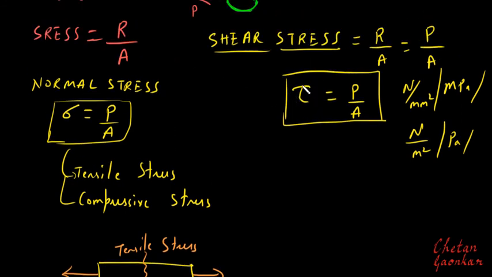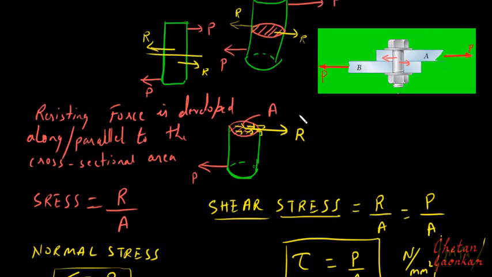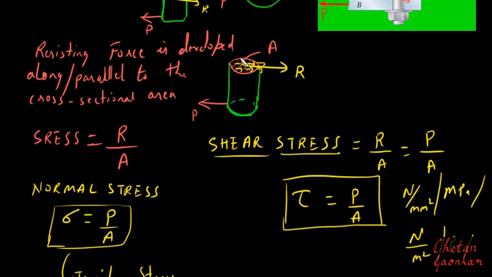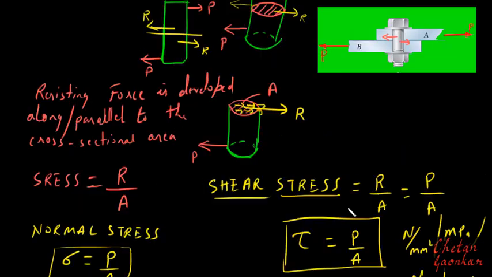Whereas what is the role of shear stress, when are the shear stresses developed? If the forces are acting in shear direction, or if the resistance is developed along the plane or parallel to the plane, in that case the stresses which will be developed in this material will be called shear stresses.